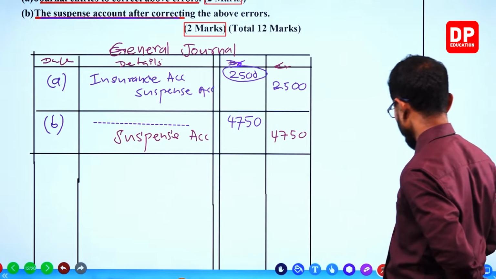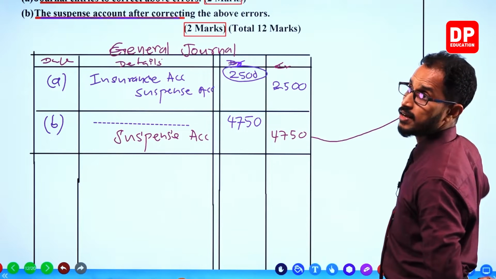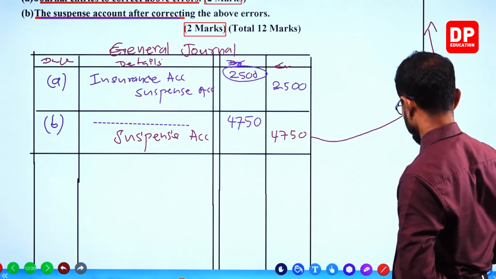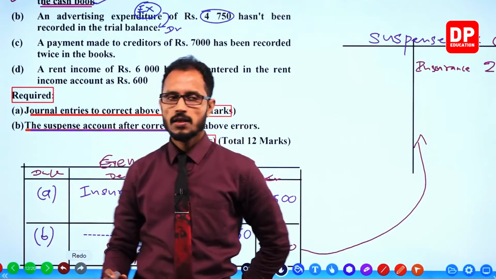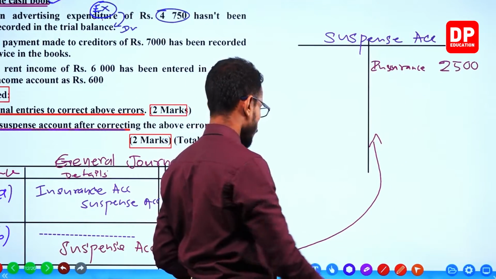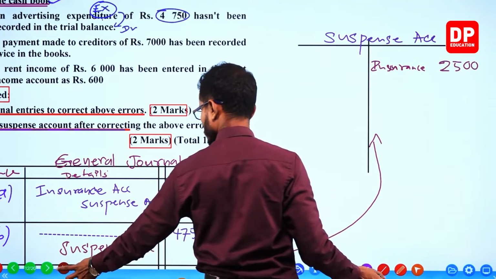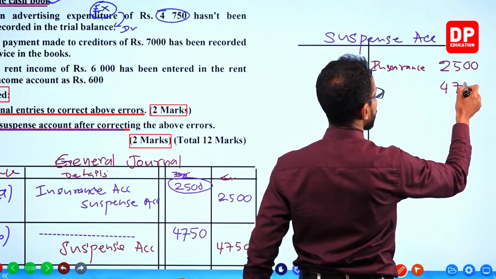Now let's put this to the suspense account, on the credit side here. Again to the credit side, $4,750.